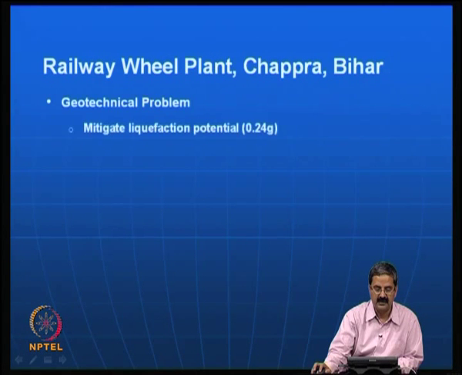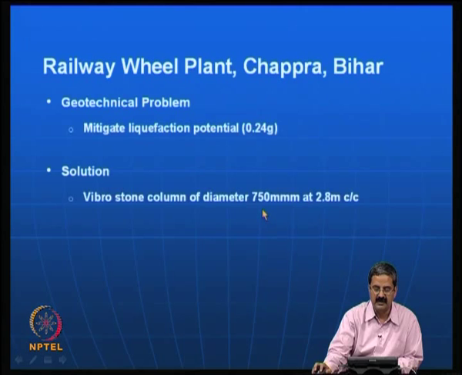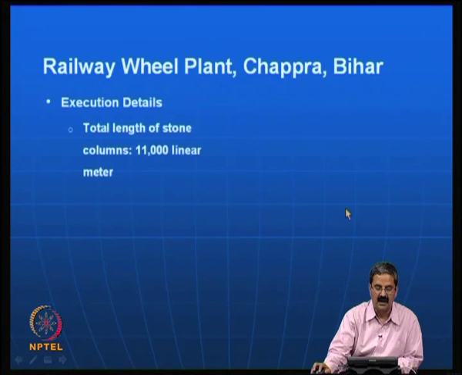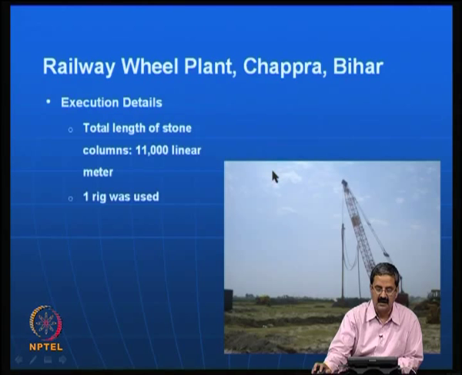And the geotechnical problem is that essentially it is liquefaction resistance one should provide, and the solution is that they came out with 750 mm diameter at 2.8 meter center, and then they extend up to 12 meters. The length of the stone columns used was 11,000 linear meters, and one rig was used.